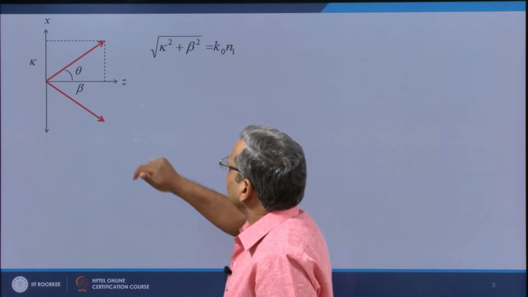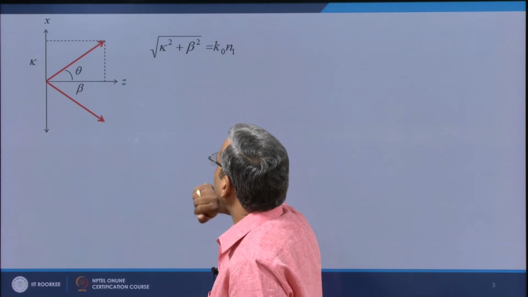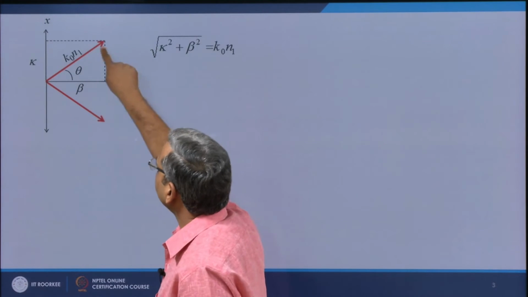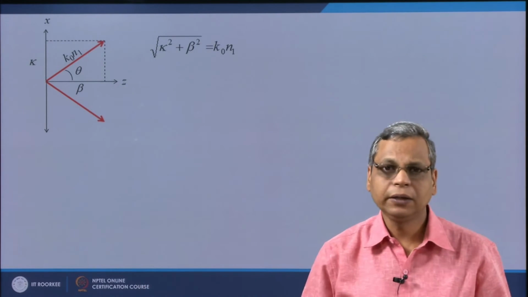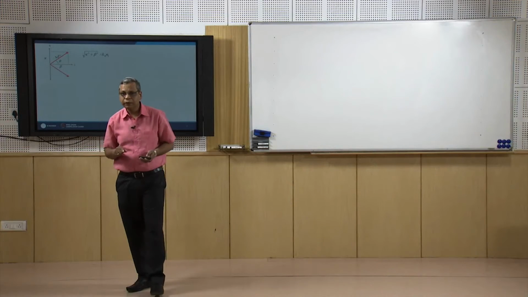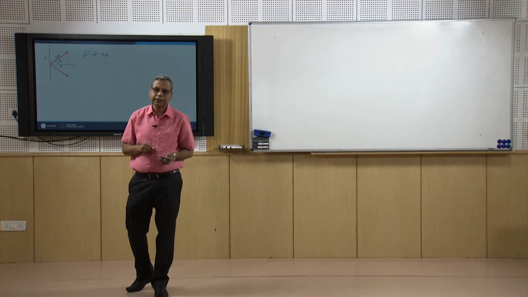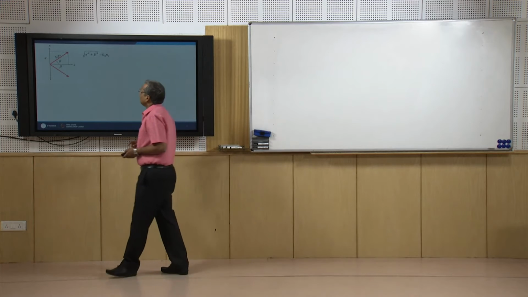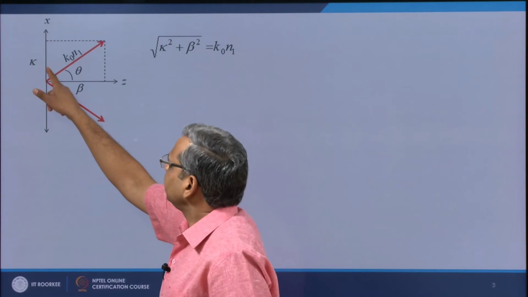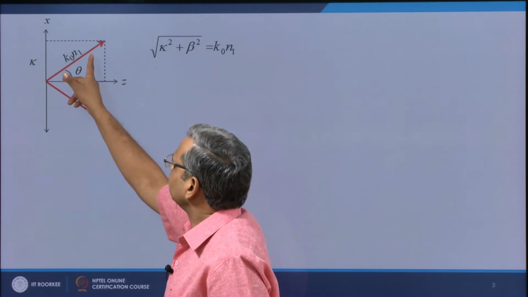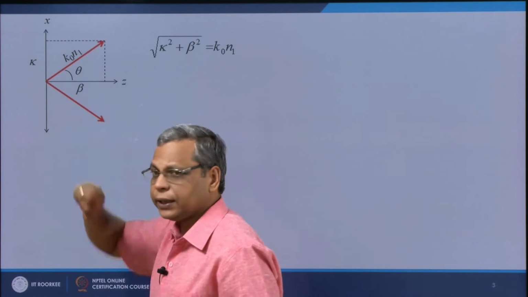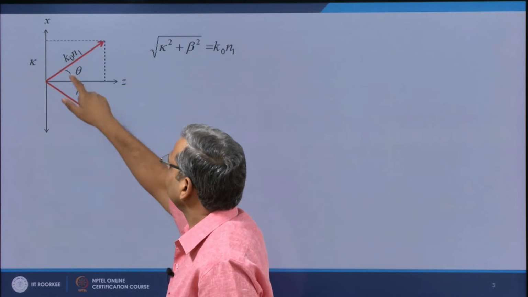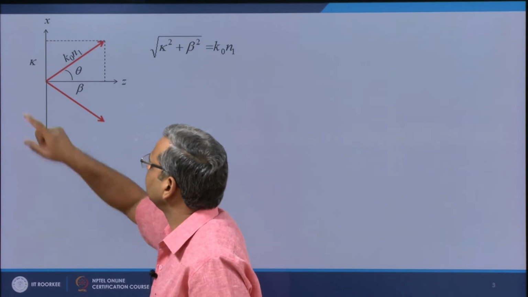What happens is, if I do kappa square plus beta square, it comes out to be k naught n1, and k naught n1 is nothing but the propagation constant with which a plane wave propagates in an infinitely extended medium of refractive index n1. So, kappa is nothing but the component of this along x. If I resolve this in x and z directions, then k naught n1 sin theta will give me kappa.